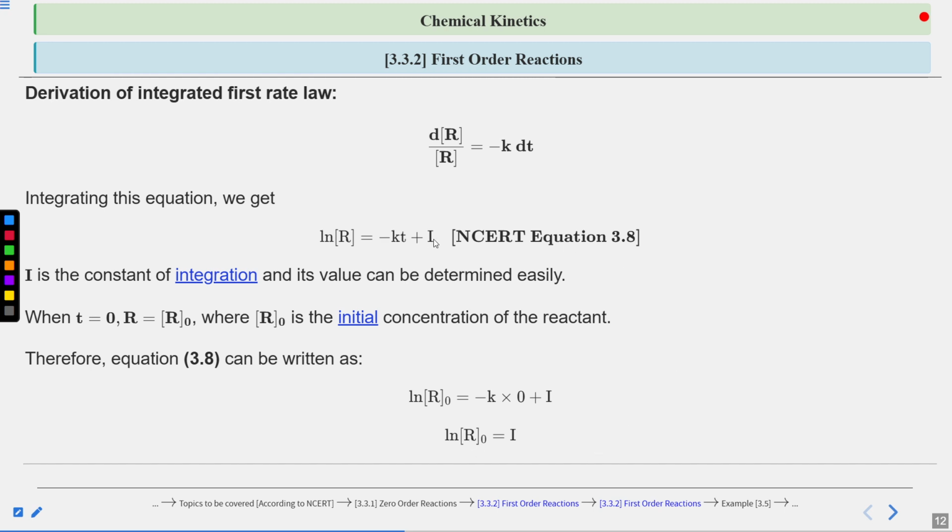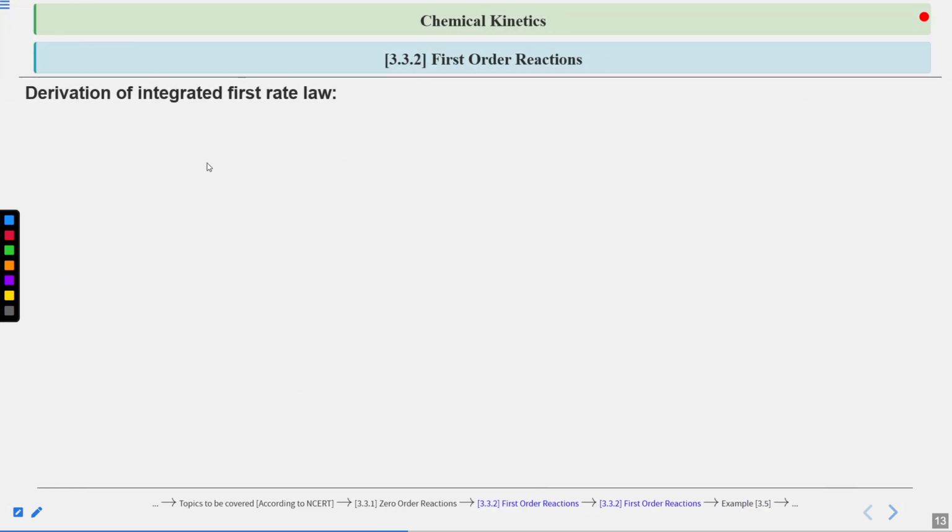Now we have to put this in equation 3.8, similarly to what we did in the case of zero order reaction. So I is equal to ln r naught. Now substituting the value of I in equation 3.8.